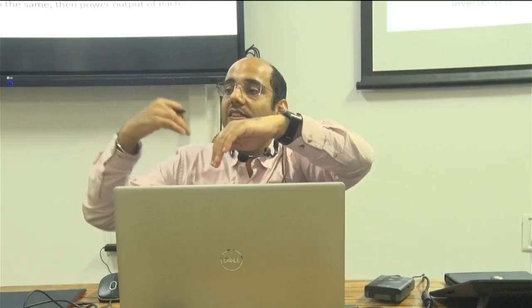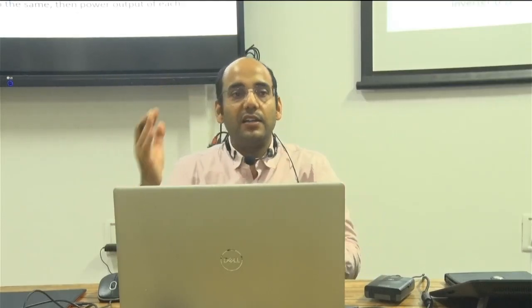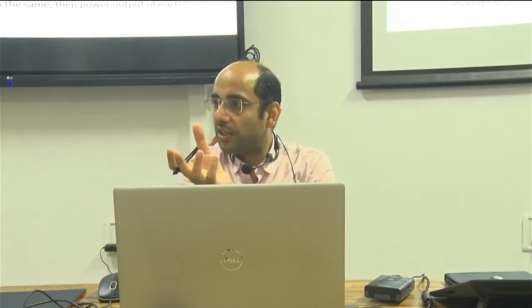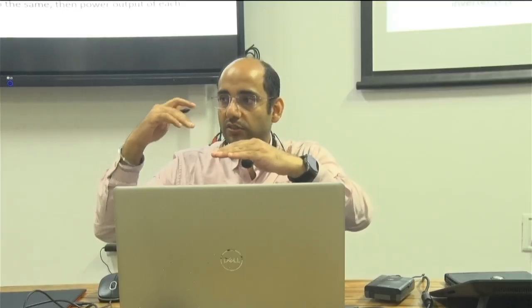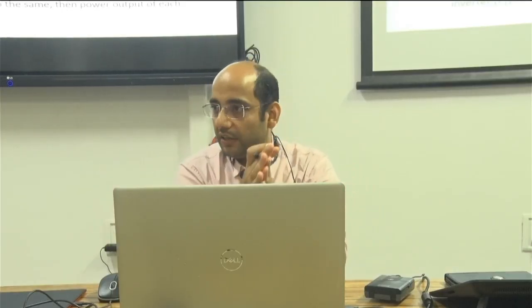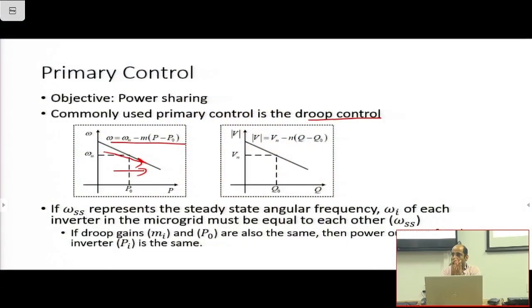The bottom one, which is at a higher frequency, its angle starts to increase, because angle is the integration of the frequency difference. So this is at high frequency, so relatively this angle will start to lead. As soon as this angle starts to lead, there will be a power flow. The power will start to push. The top one obviously has to then reduce its power, because the load is fixed, and at some point they will come to equal power. And that is how the power sharing is achieved.